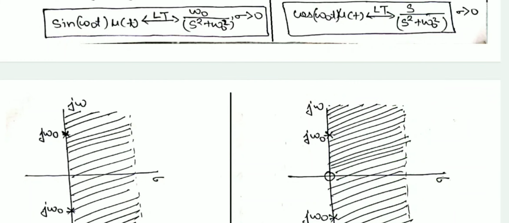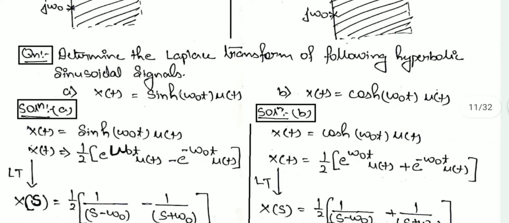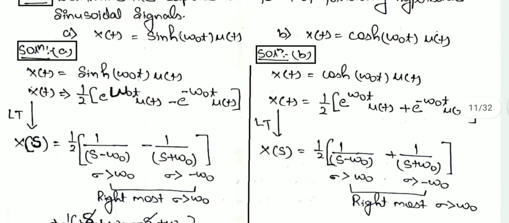Now, the last question for today's discussion: determine the Laplace transform of the hyperbolic sine function. Previously we discussed sin omega t, but today we are going to discuss sinh omega t, where h represents hyperbolic. The only difference is that there is no imaginary term present in x(t).